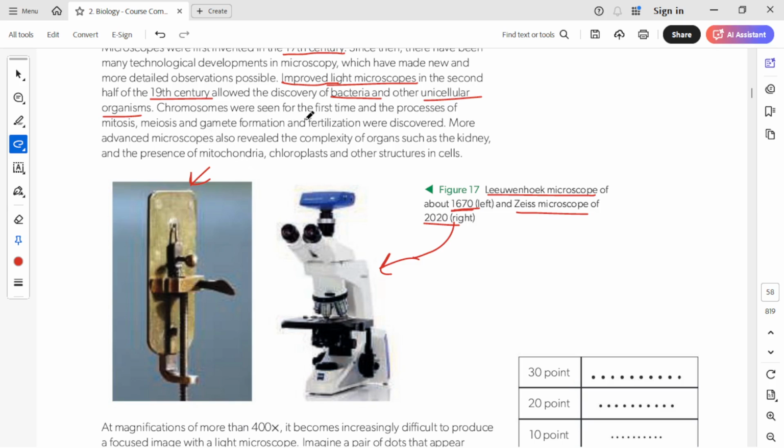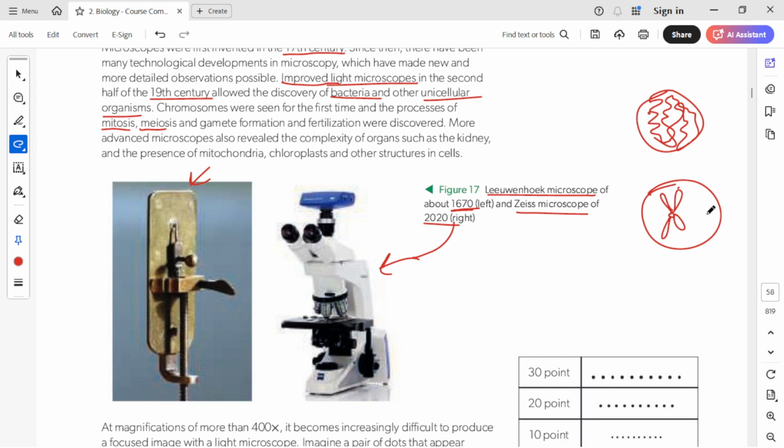Now chromosomes were seen for the first time in the process of mitosis and meiosis, because at that time the chromosomes get condensed. Otherwise in the nucleus the DNA material is open like this, while when it reaches the cell division phases, it becomes very properly seen in these condensed structures.